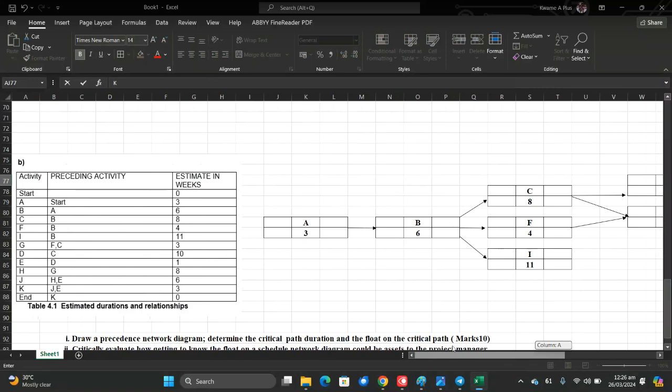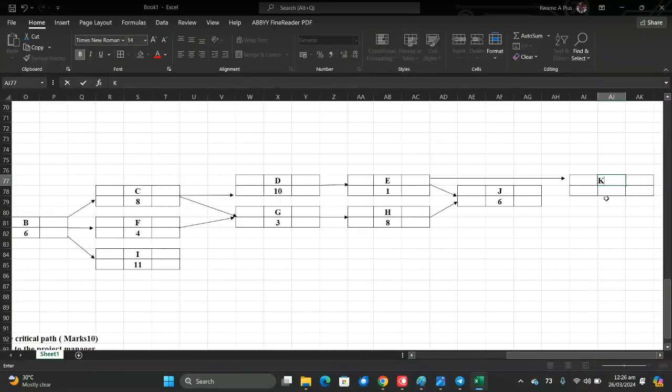K has 3. Okay. Yes, so like that. So this is how the whole diagram is looking like.